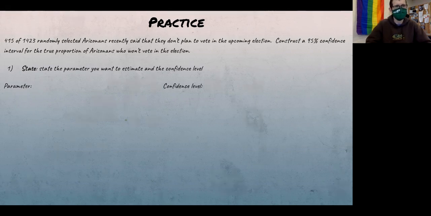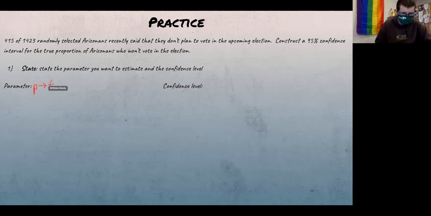In this particular case, 415 of 1,423 randomly selected Arizonans recently said that they don't plan to vote in the upcoming election. Construct a 95% confidence interval for the true proportion of Arizonans who won't vote in the election. Okay. So what we're trying to estimate is the true proportion, p. We're using p hat, but we're trying to estimate p.